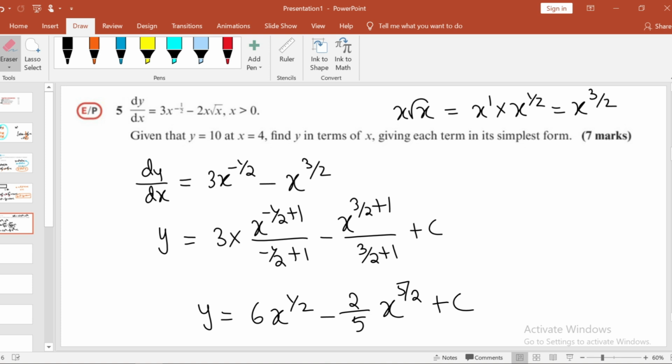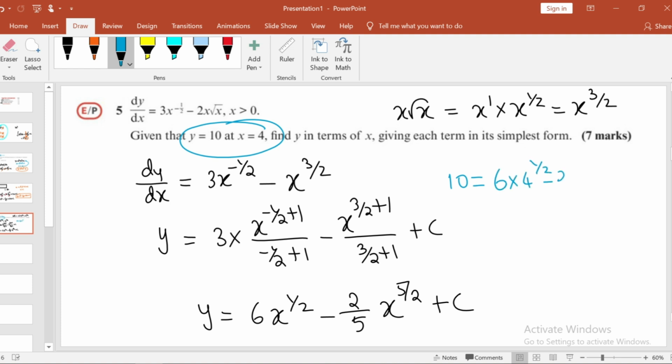Yes. And then we need to carefully sub in the values to find the value of c. You need to replace y by 10, x by 4: 6 times 4 power half minus 2 over 5 times 4 power 5 over 2 plus c. 4 power half is 2, so 12 minus 2 over 5 times 4 is 2 squared, so the 2 in the denominator will be cancelled. 2 power 5, 2 power 4 is 16, 32, plus c.